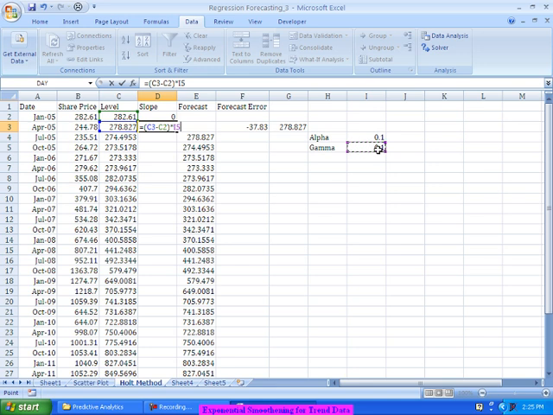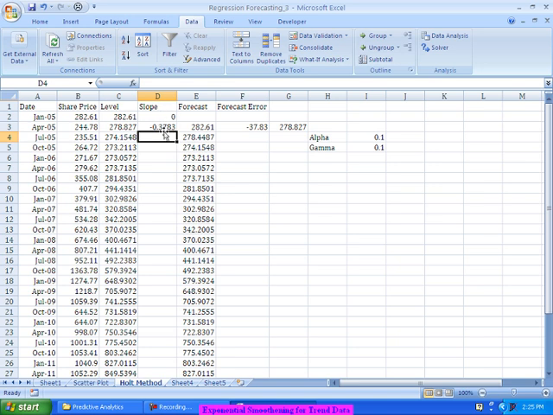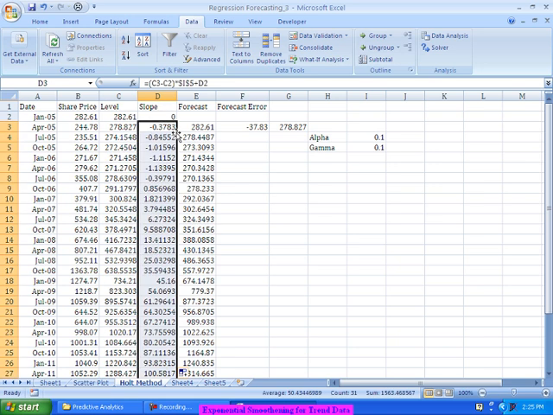I multiply this with gamma, and whatever was the slope in the previous period, I'll add back to it. And because of this, again we keep getting that the value would be either going up or going down. So the slope coefficient is taking care of either the upward movement or the downward movement in our graph.